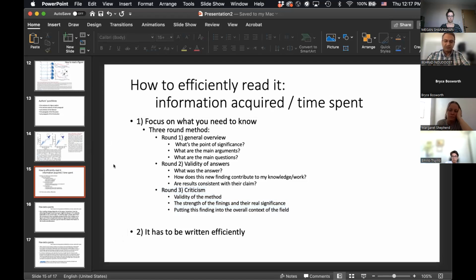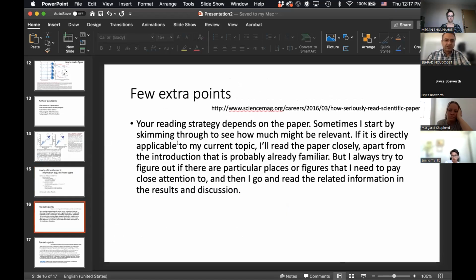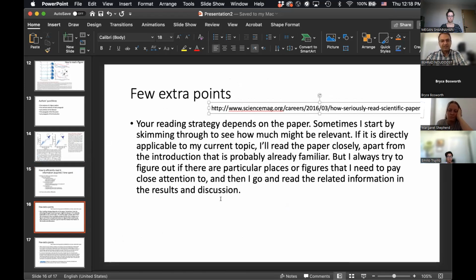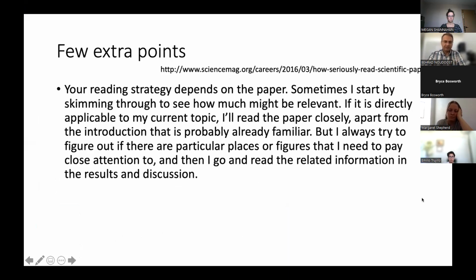I already shared that PDF with you, and I hope that Megan and Stephanie will share it with you. Just one other interesting paper that you can use is a Science journal article about how to seriously read scientific papers. I only took a few points from that, but you're welcome to read the whole paper. I'll just leave my screen on for a couple of minutes to read these points together.